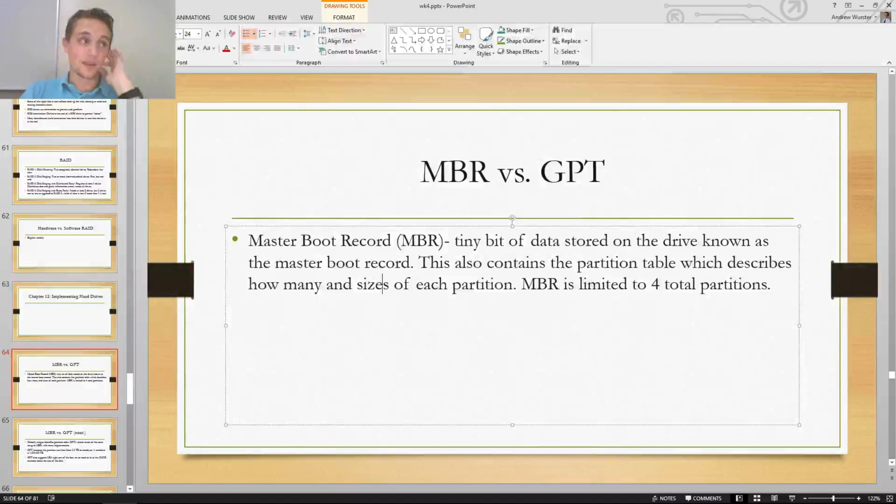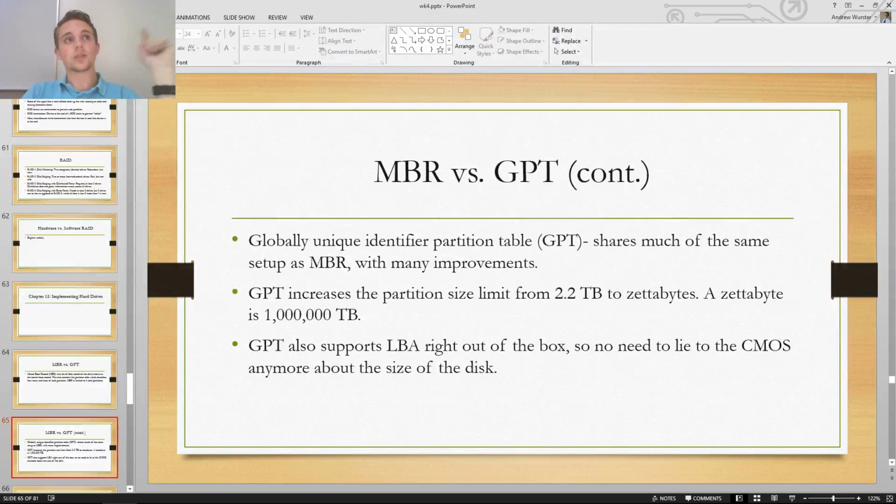which is just frustrating. But fortunately, if you have 64-bit Windows, you can use what's known as GPT, which eliminates those size restrictions and partition amount restrictions. So you could have way more than 4 primary partitions, and the partition size limit is really crazy: 2.2 terabytes to zettabytes.